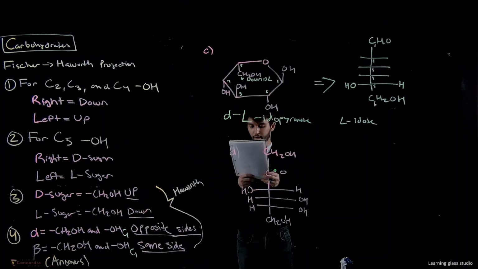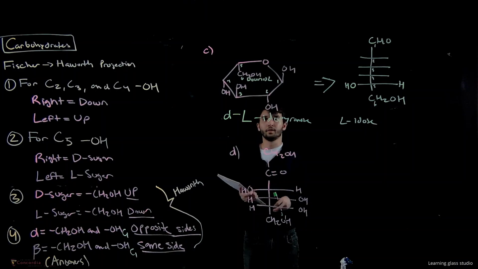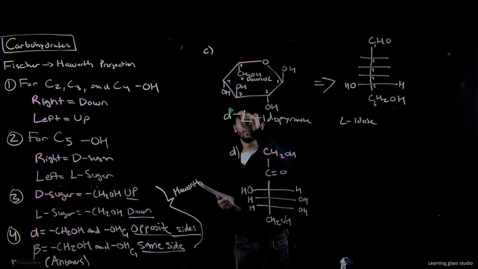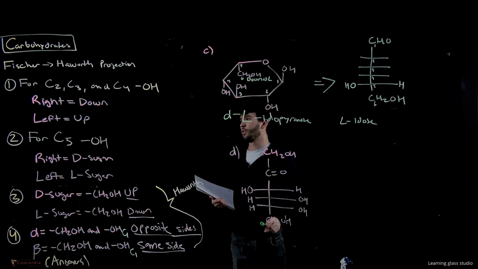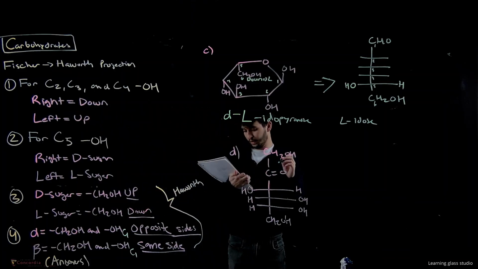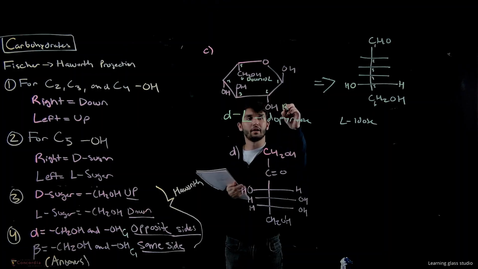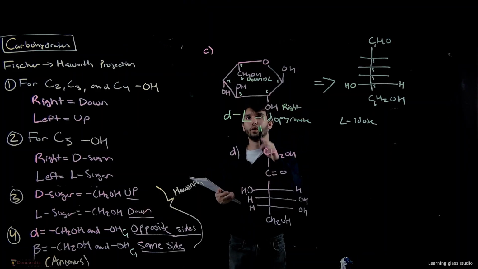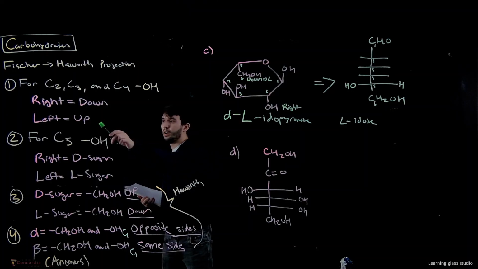For these other ones, so what we do is we know that carbon 2, carbon 3, carbon 4, so this carbon 2 is going down. So now we kind of look at the opposite. So this one is going to be on the right in the Fischer. So this one's going up on carbon 3, up is left.